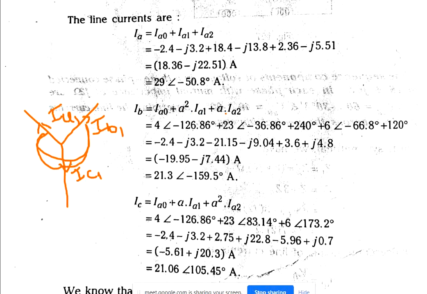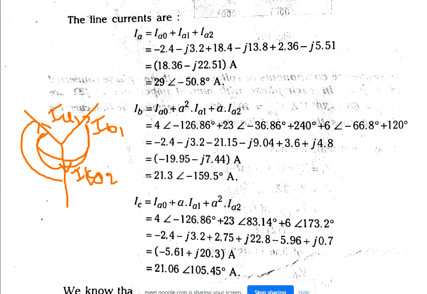Similarly, let us take this as IB2. So I will write IB2 equals A into IA2. So you will get IB equals IA0 plus A square IA1 plus A into IA2.